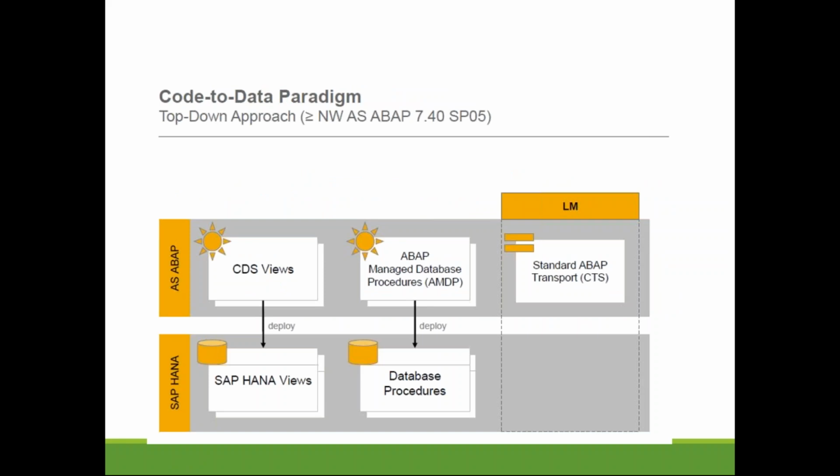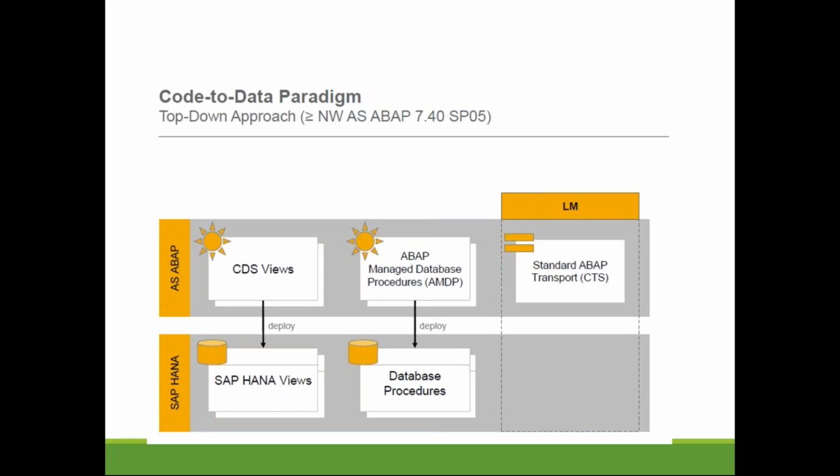Now AMDP is allowed to be created and executed directly in ABAP. Previously, with standalone HANA or BW on HANA, we used to create SAP HANA views and database procedure proxies.